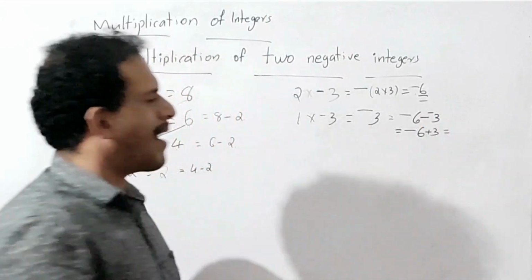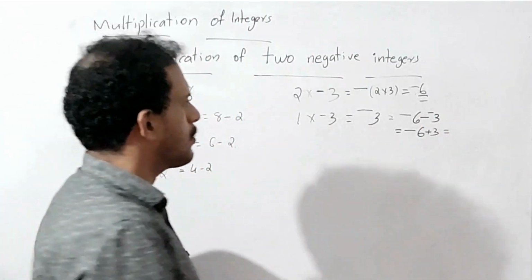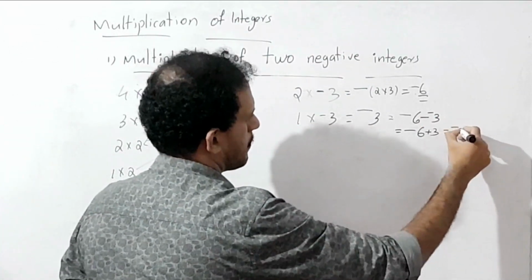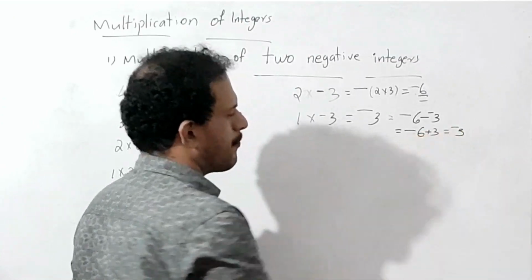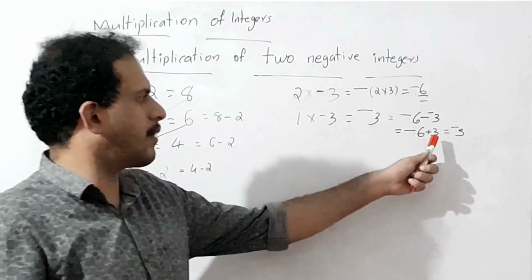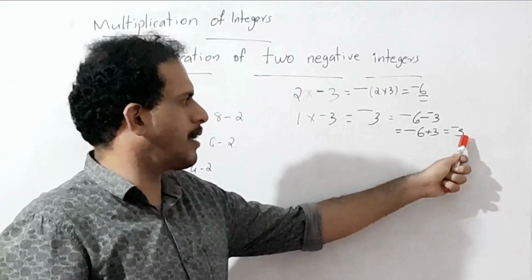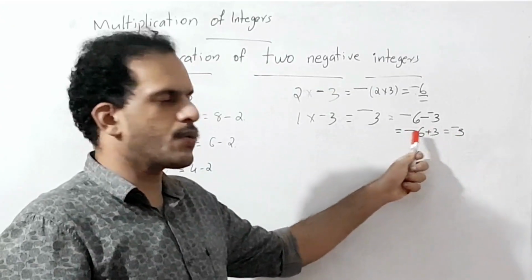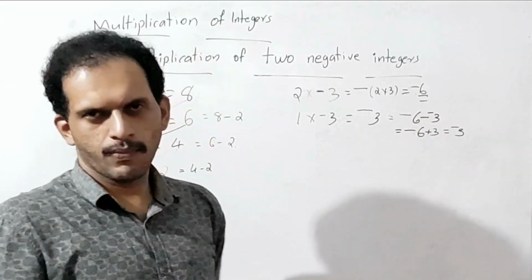Minus 6 plus 3 is equal to minus 3. Because the signs are different, we subtract the smaller from the bigger: 6 minus 3 is 3, and we put the sign of the bigger one. So the answer is minus 3.